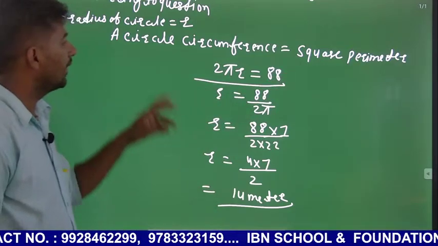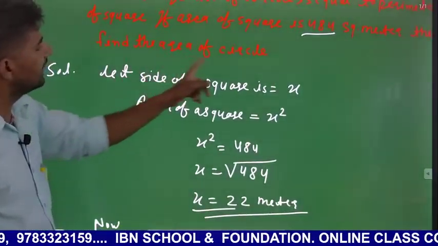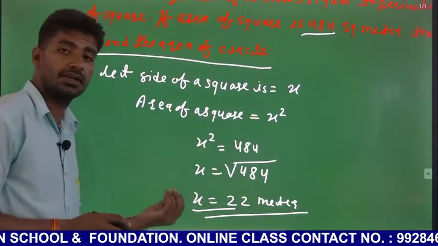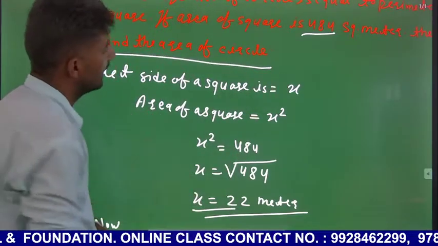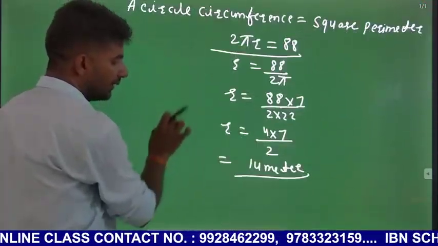Now we find the area of the circle. For the area of a circle we need the radius, and from this question the radius is 14 meter.